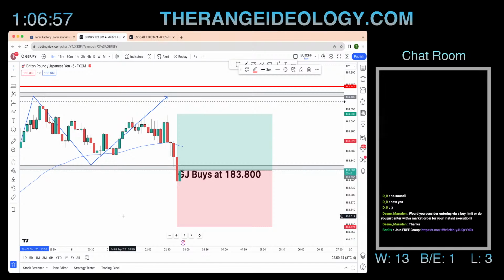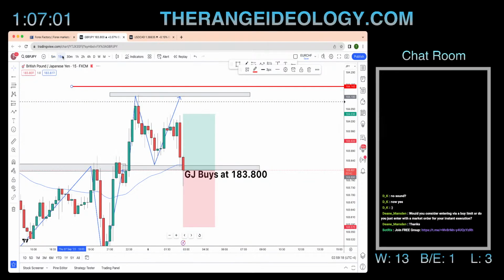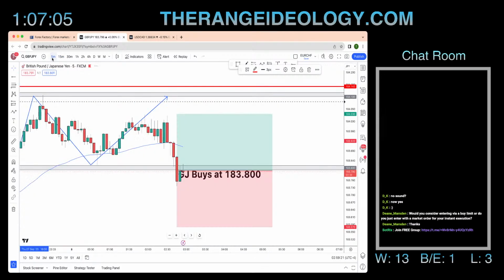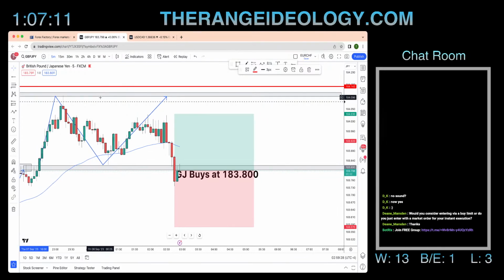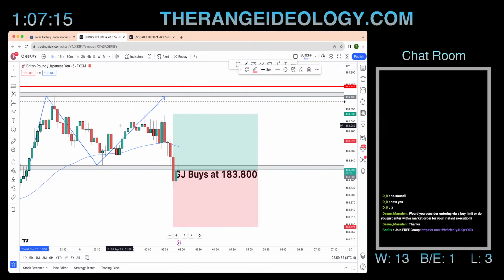Alrighty. So again, price is closing up right at break even. That's what it looks like. We're seconds away from London opening. And I will be holding, as I mentioned.